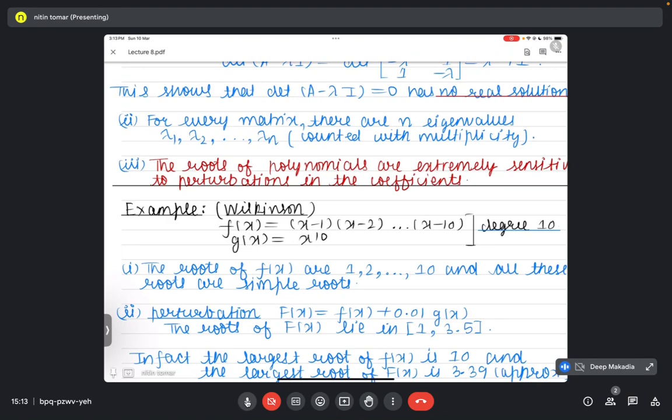So this is an important remark, and we will write: the roots of polynomials are extremely sensitive to perturbations in the coefficients.